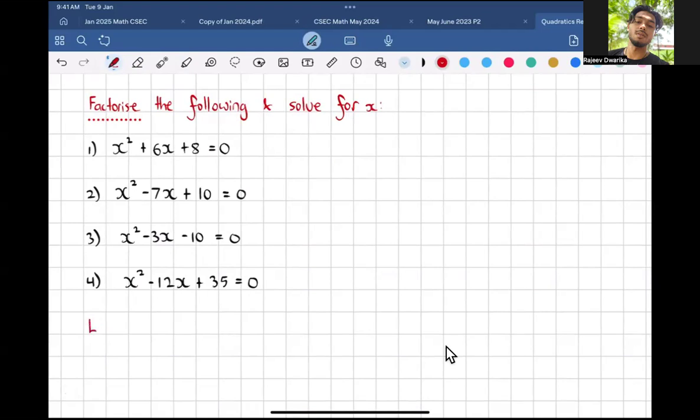And then the other part, expand the product. All right, so try out those things there. I'll give it only 10 minutes.